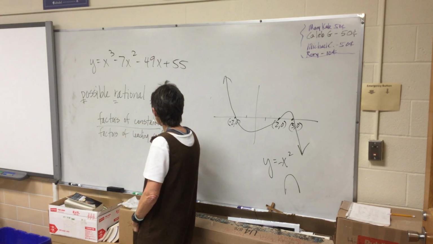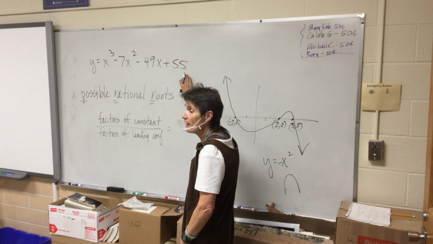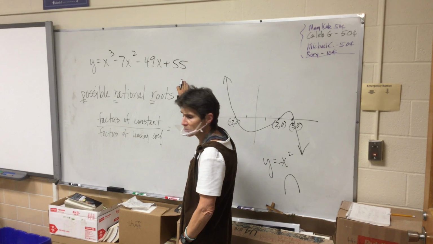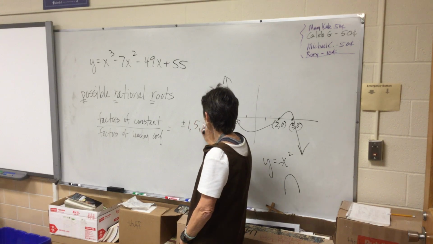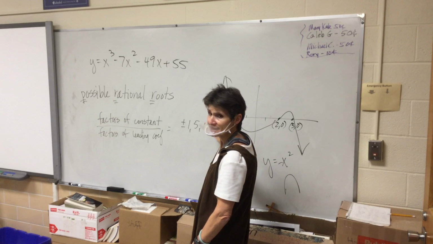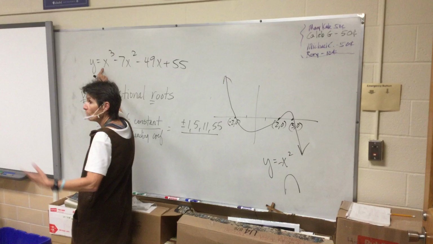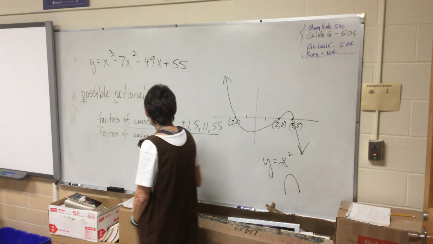So for our problem, it's going to be factors of 55, which there aren't that many. The factors of 55 are plus or minus 1, 5, 11, and 55. That's it. Over the factors of the leading coefficient, which is 1.